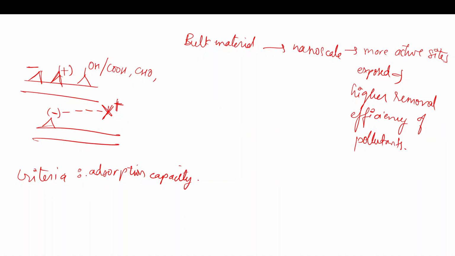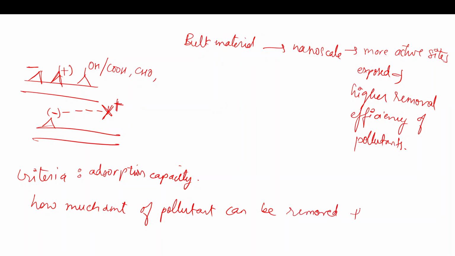So adsorption capacity is nothing but how much amount of pollutant can be removed through adsorption for unit weight of adsorbent, right?